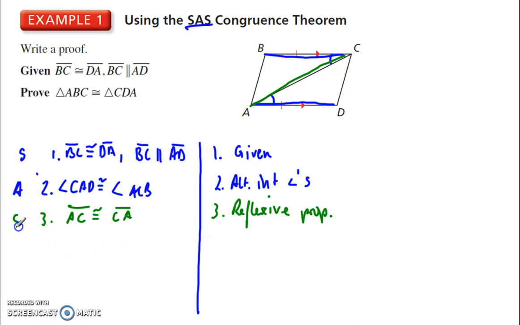Okay, and that's my other side, and therefore I can say that triangle ABC is congruent to triangle CAD because side angle side.